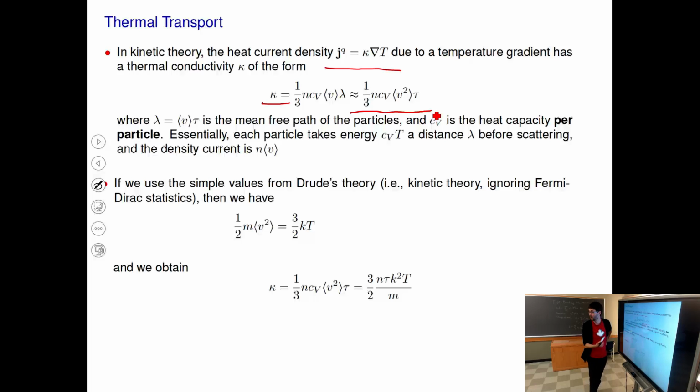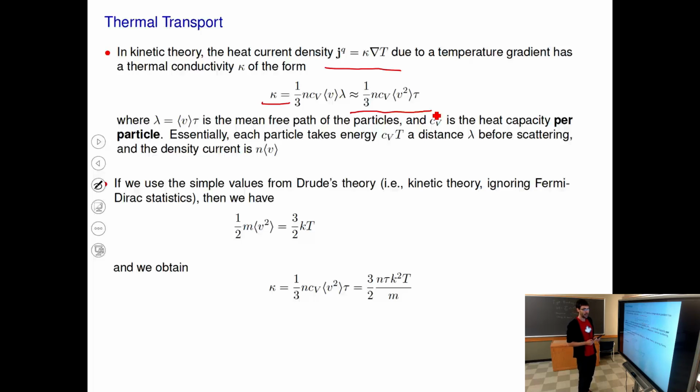It has tau, the same tau from Drude theory. It has density, but because this is heat, it also has heat capacity. And it has the average velocity. So lambda here is a mean free path. This is when you take average velocity times tau.